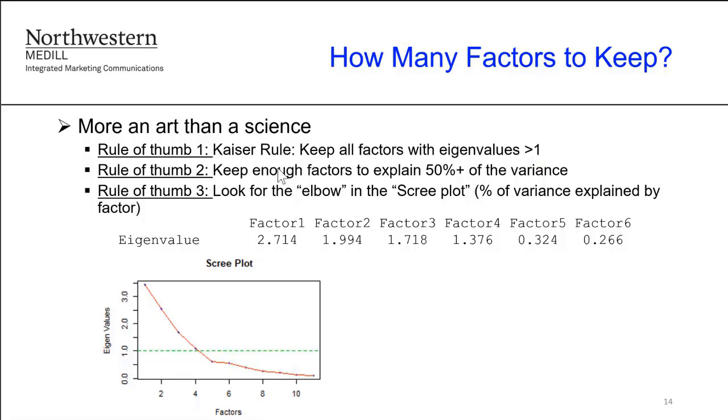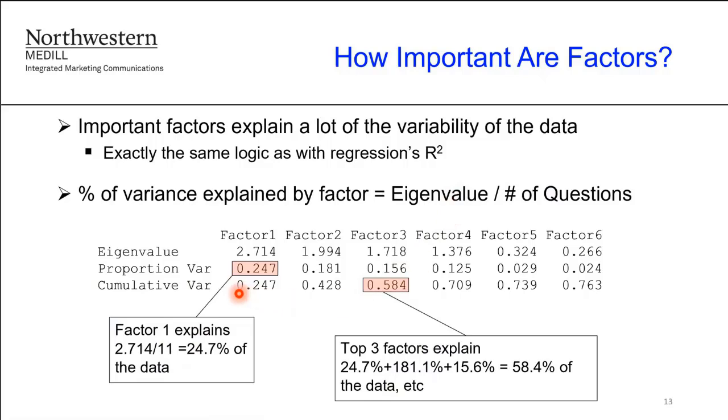The second rule of thumb is to keep enough factors to explain 50% or more of the variance. If we go back to this slide, you have to look at the cumulative variance. Up to factor 3, this is already over 50% of the variance. Factor 4 is over 70% or so.